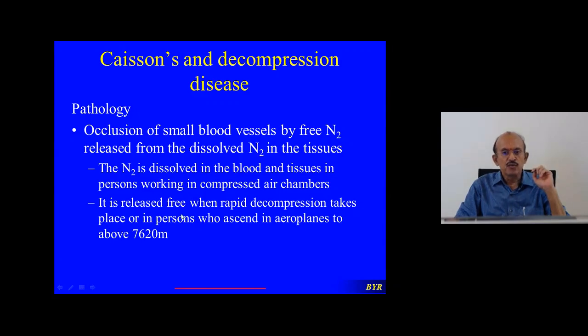It is released free when rapid decompression takes place, or in persons who ascend in aeroplanes to above 7620 meters height. If they go above 7 kilometers in the sky, there is a chance of liberating the nitrogen into the blood.